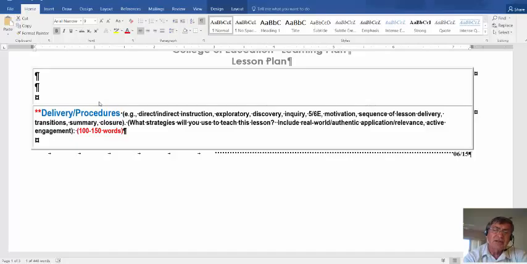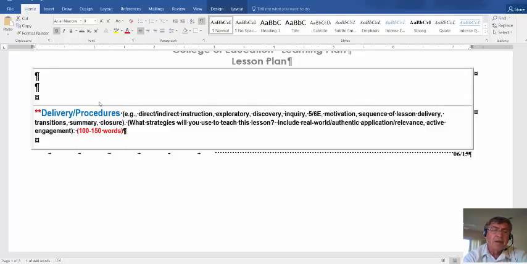So make sure those things are in there, because otherwise you'll be graded down. I might say you have a weak closure, or you have a weak introduction, or exploration, or discovery, or whatever. So what I used to call anticipatory set, I imagine Dr. Gill might be calling engagement or something like that.